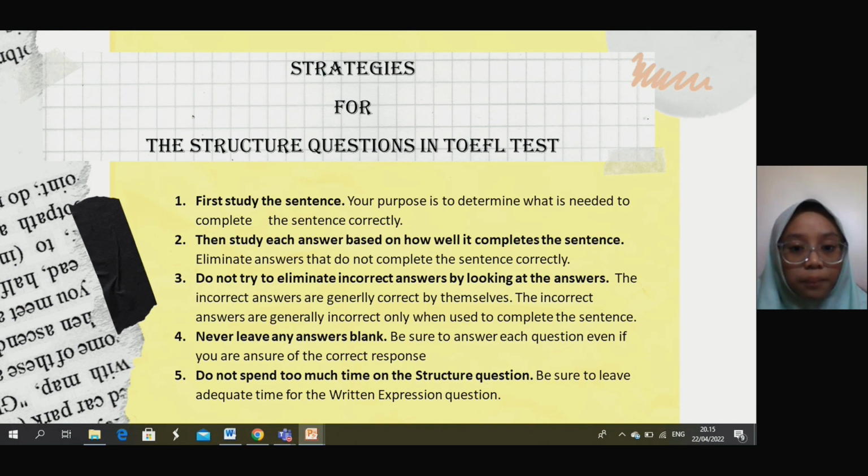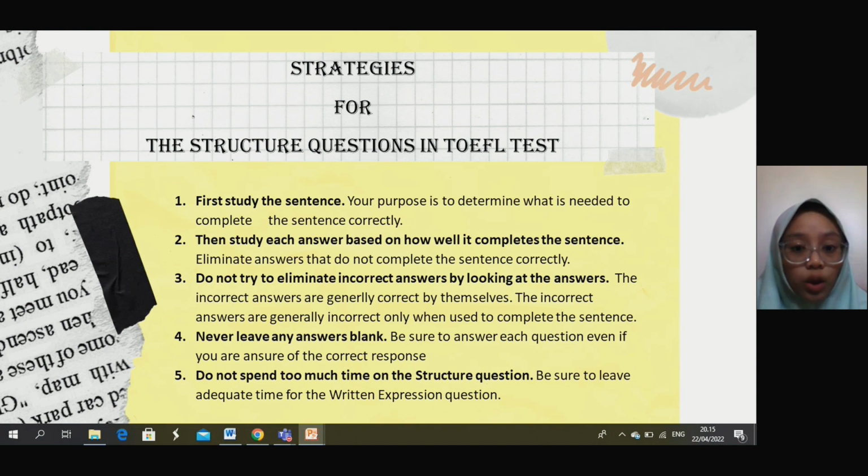Then the second step is, study each answer based on how well it completes the sentence. So, you read the question first, then match the answer into the sentence. Then eliminate answers that do not complete the sentence correctly. The third step is do not try to eliminate incorrect answers by looking at the answers.